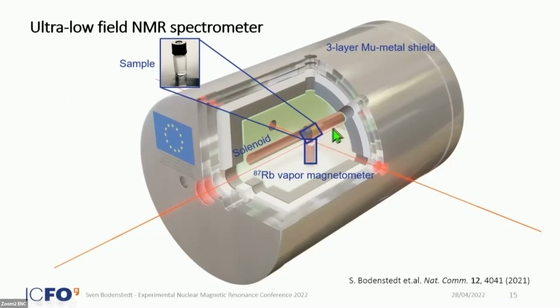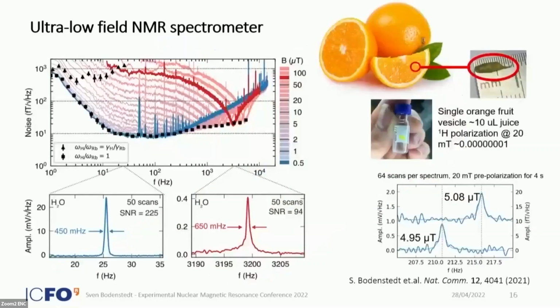We have a solenoid in between, which provides the B0 field up to a few microtesla, which is good enough for our application. And then we have a rubidium vapor magnetometer. I won't go into detail there because we just had a talk about how they work in principle. But basically they're very good for detecting DC to RF signals up to a certain frequency.